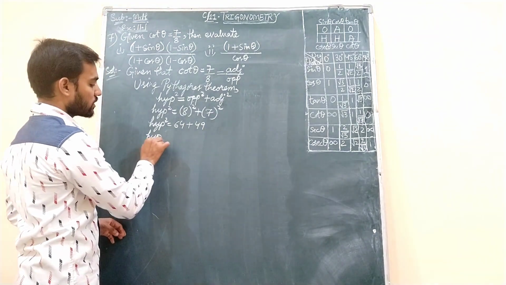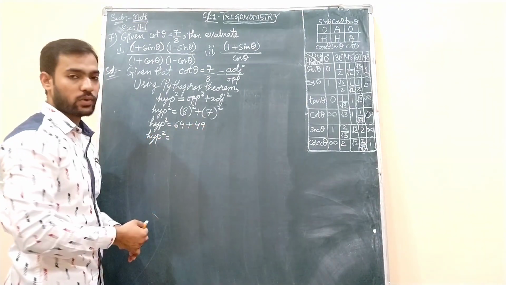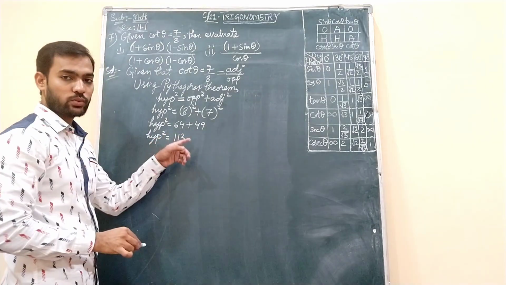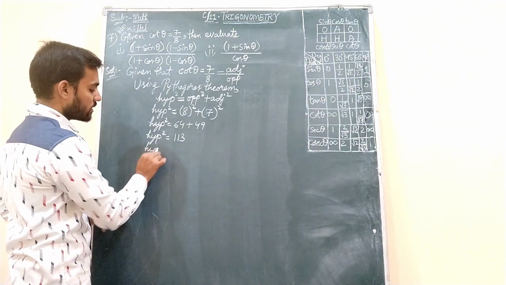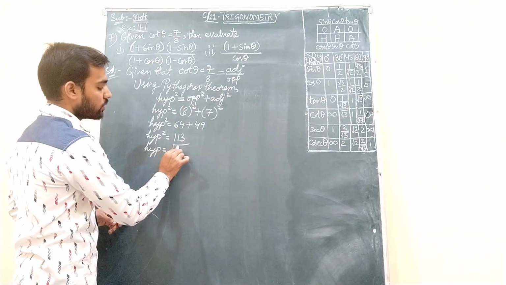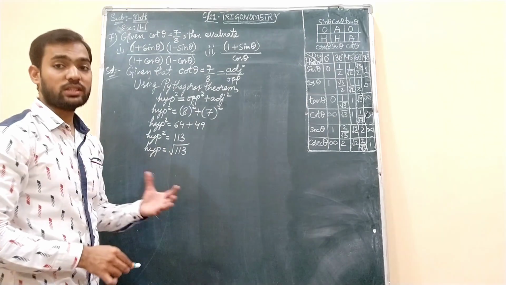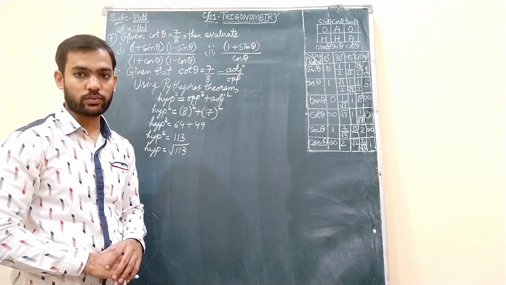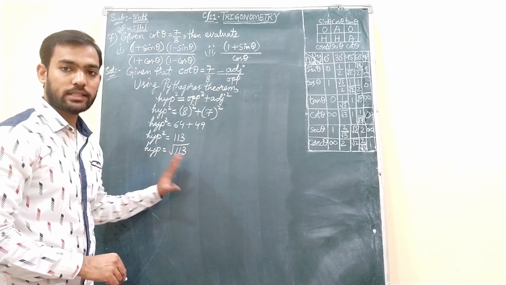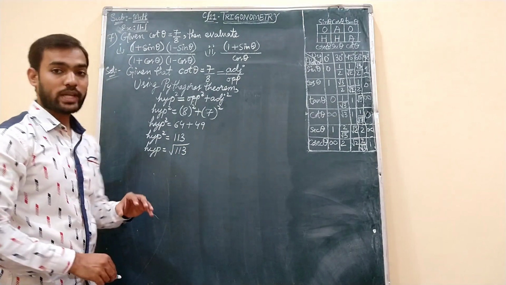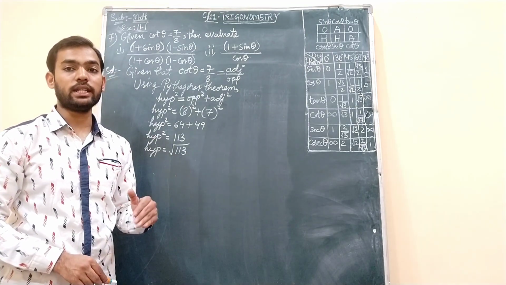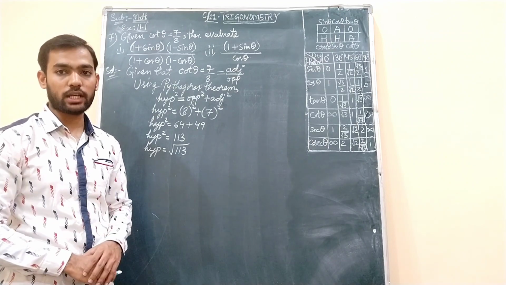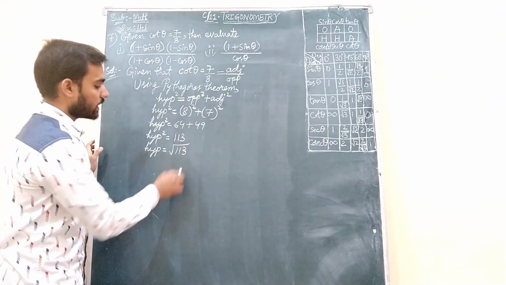Then hypotenuse square equals 64 plus 49, which is 113. Transposing the square to this side, hypotenuse equals under root 113. But 113 is not a square number, so we will keep it as root 113, because 10 tens are 100 and 11 elevens are 121, so 113 lies between them and is not a perfect square.